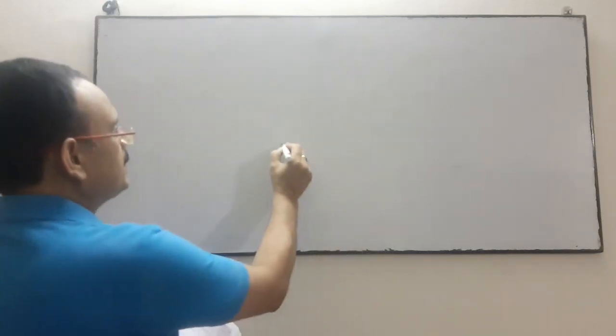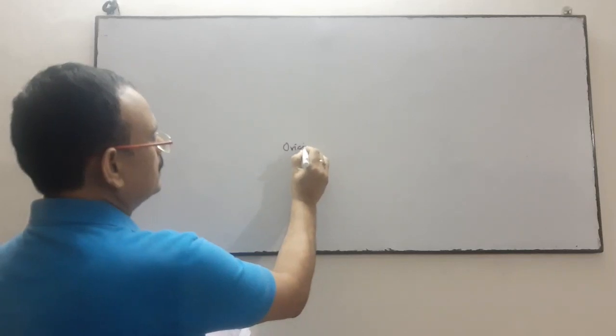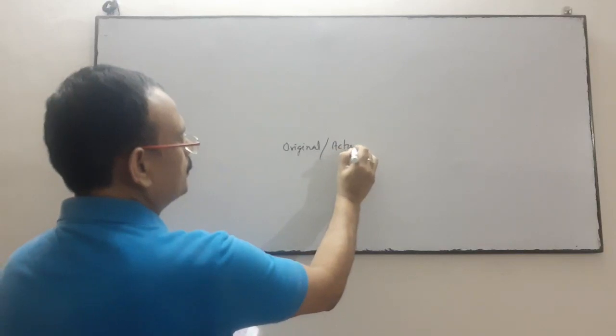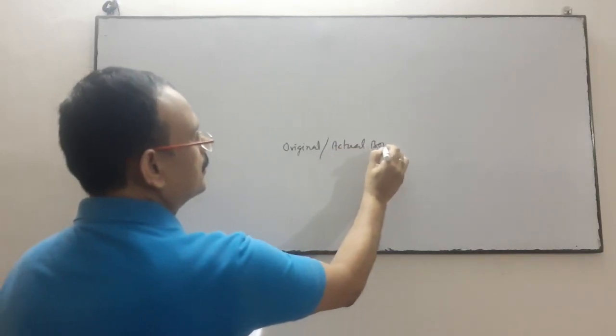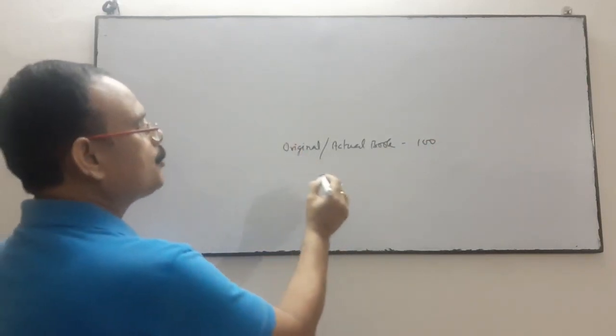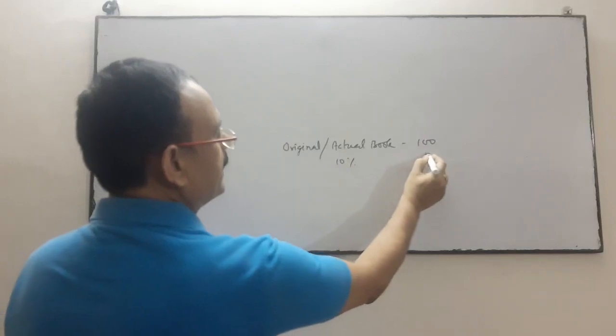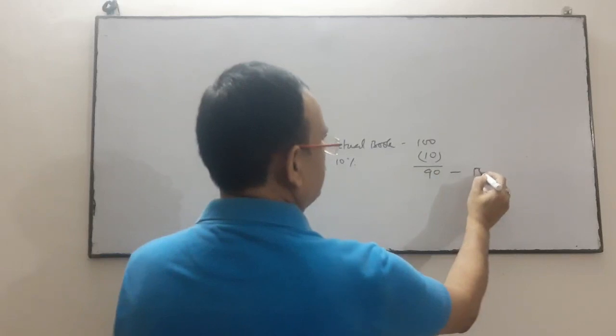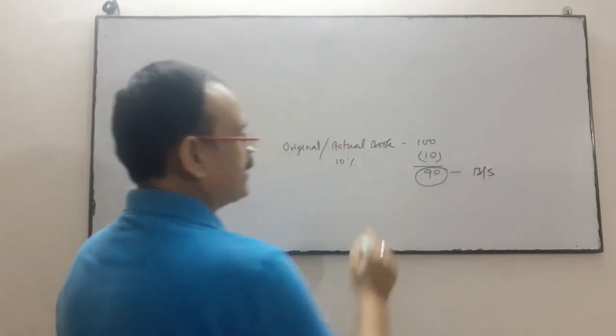Transaction number one, stock is found undervalued by 10%. So if the original or actual book value is 100, and it is undervalued by 10%, it means in the balance sheet it is reflecting 90 at present.